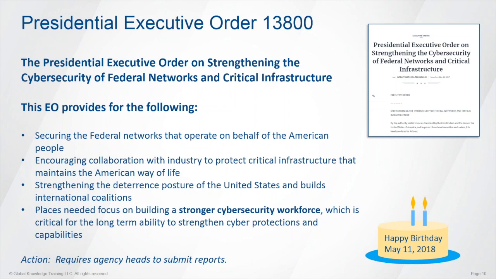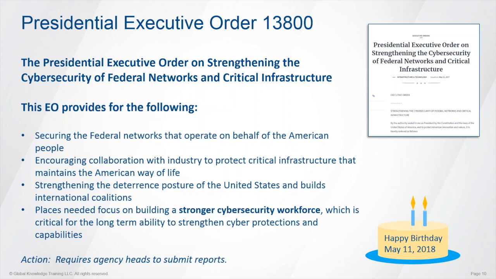But if you look back in time, previous administrations had issued an executive order that said, agency heads, you are responsible. And then the next administration issues an order that says, agency heads, you need to build a plan. The most recent order, that's the one on the screen now, says agency heads have to submit reports.